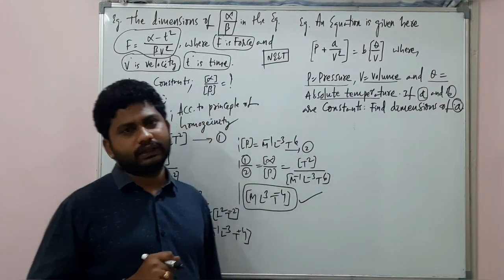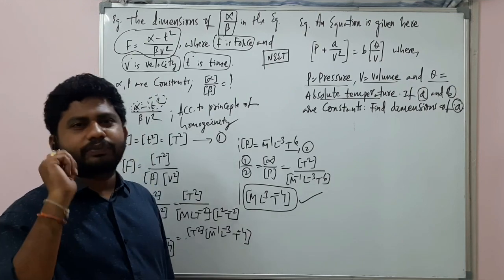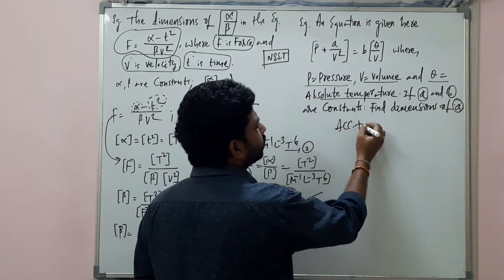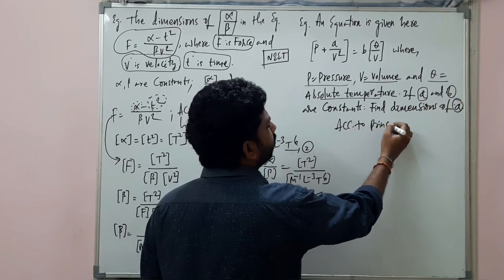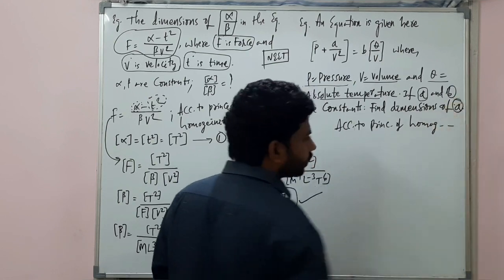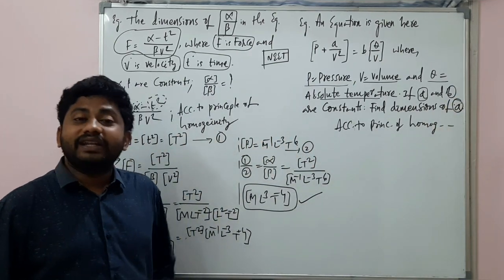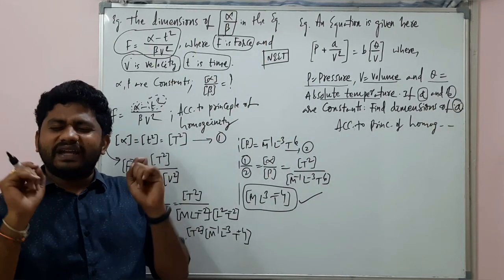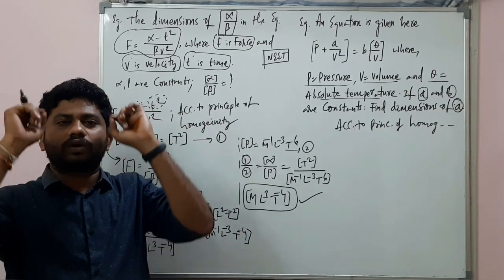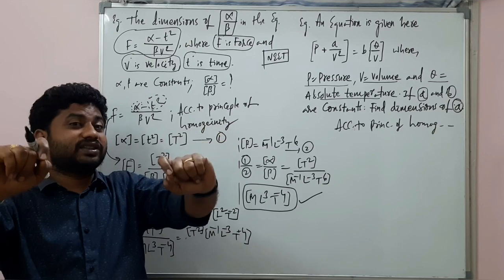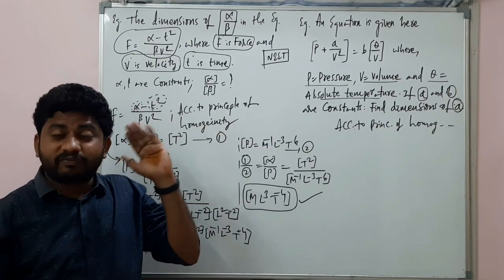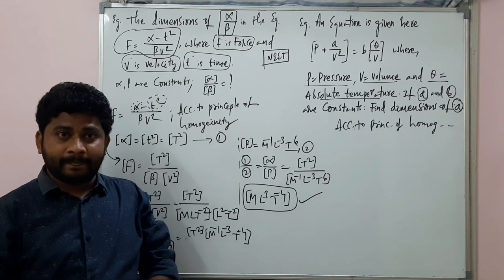So simple. According to the principle of homogeneity, again I am telling you, in the given equation, identify where the addition or subtraction is going on. Again, I am telling you, this may be the 15th or 16th time from the concept of principle of homogeneity.